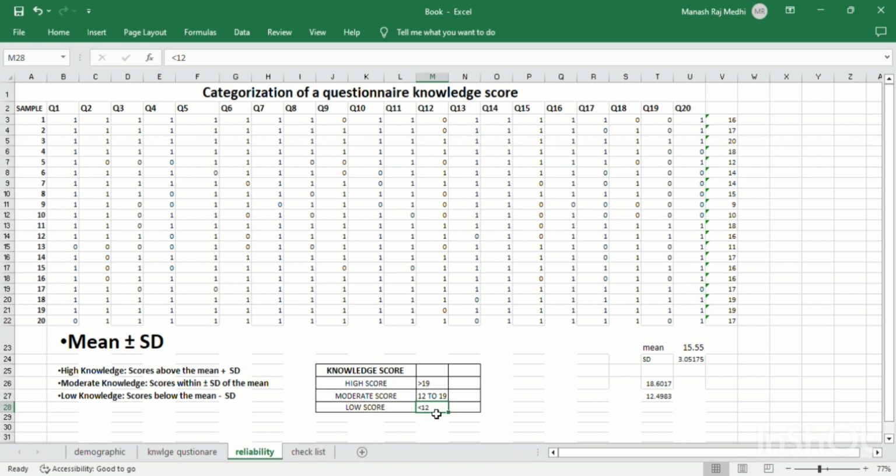That means that particular person has low knowledge regarding the topic. Suppose we are taking the knowledge of cervical cancer and its prevention, those samples who got less than 12 have a low score or knowledge regarding cervical cancer and its prevention. So this is how you categorize your knowledge score with the help of mean and SD. So thank you so much.